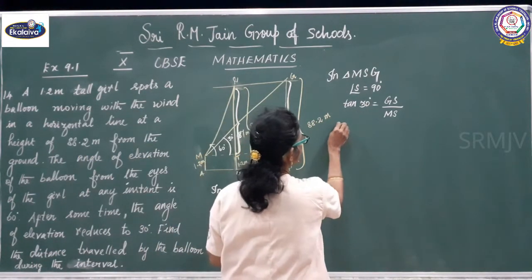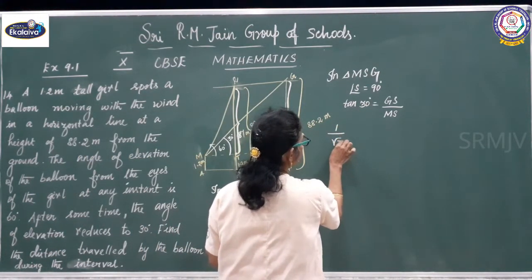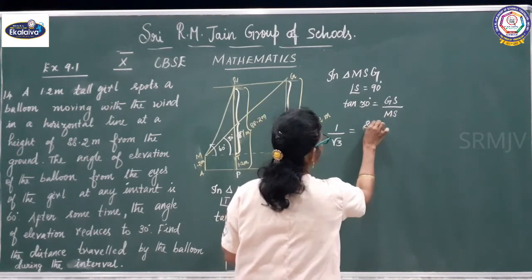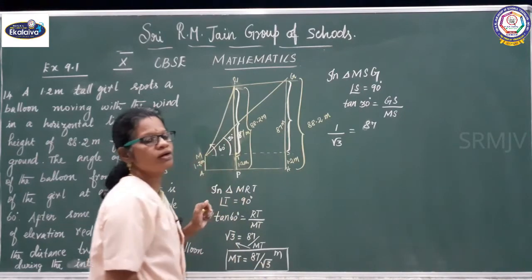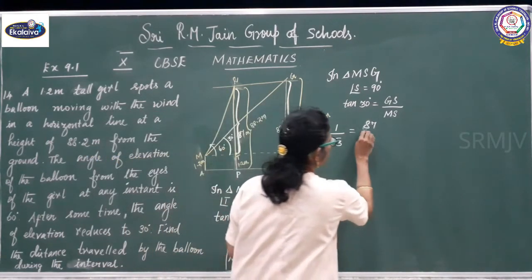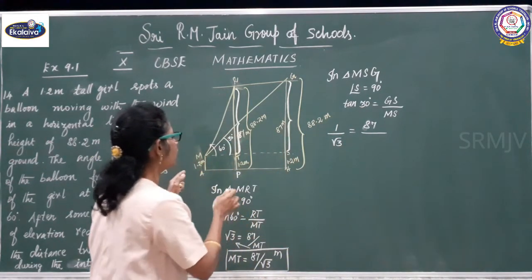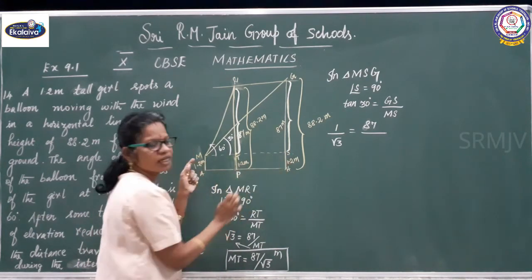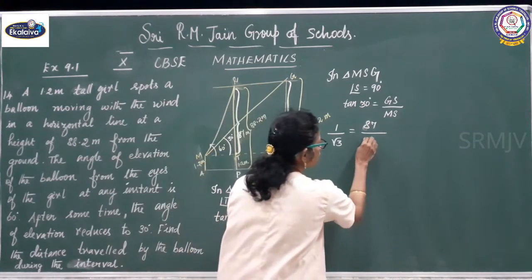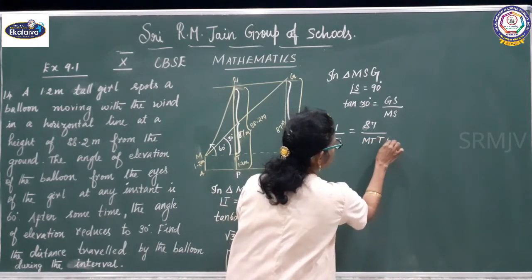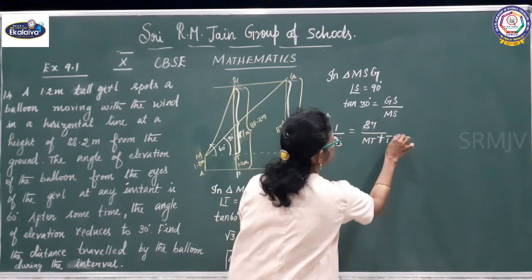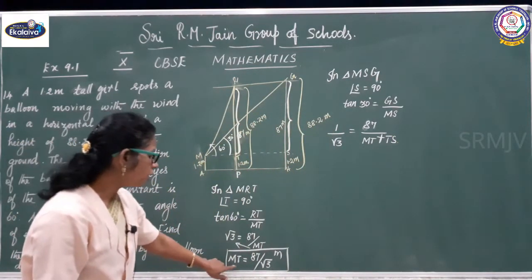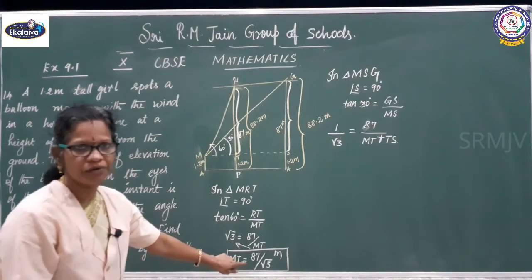What is tan 30 degree? 1 by root 3 equal to GS, also you know the value, that is 87, right? Divided by, what is our MS? MS can be written as MT plus TS, right? MT plus TS. MT value you know, you got it already, right?